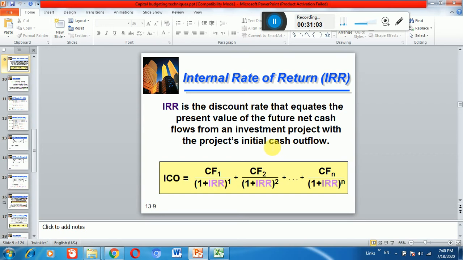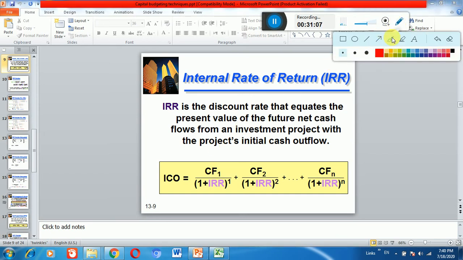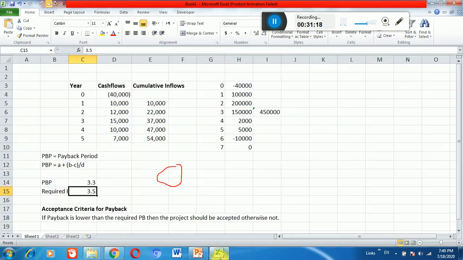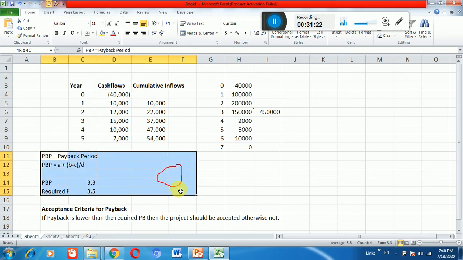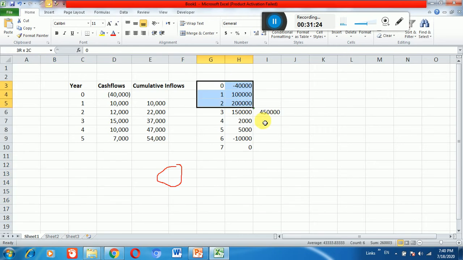So dear students, look here, we have initial cash flow, and this is our initial cash flow. In our example here, this is our initial cash flow. Now we are not working on this method, so let's just work here.